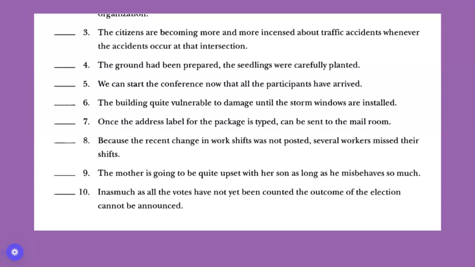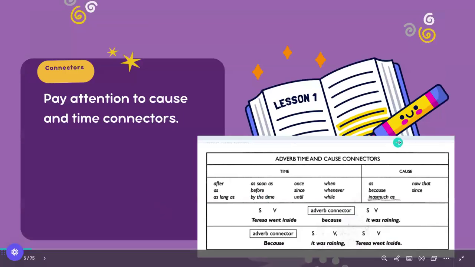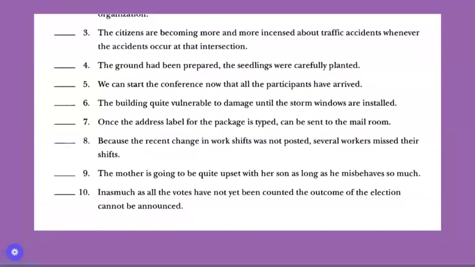Do you see any connectors in that sentence? Yes. Which one? Like one of these, like because, after, as soon as, while, whenever. No. No, right? We don't have any connector here.